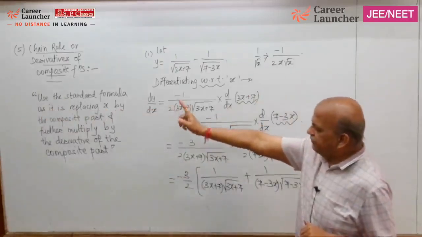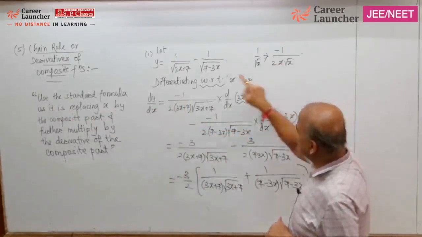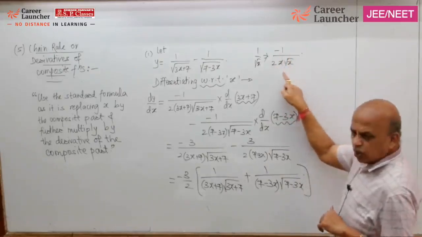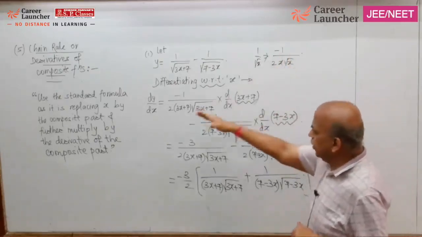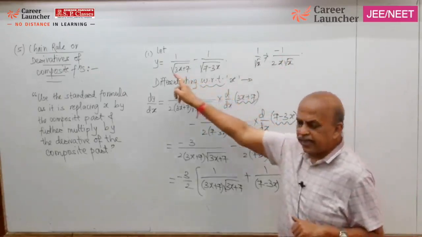Now I'll explain. Use the standard formula as it is, replacing x by the composite part. What is the standard formula? Minus 1 upon 2x root x. The same thing we have to write here, only for x we will write 3x plus 7.